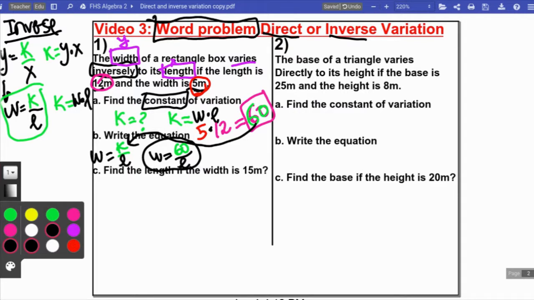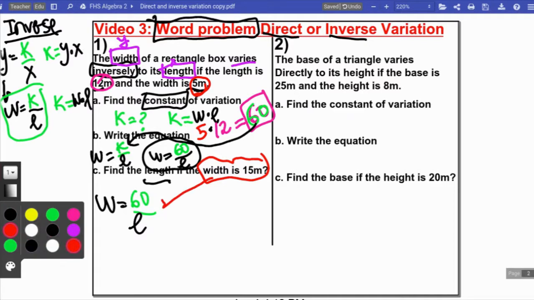Now they want me to use the equation to find the length when the width is 15. Let's rewrite the equation: W equals 60 over L. The width is 15, so you plug it in right here.